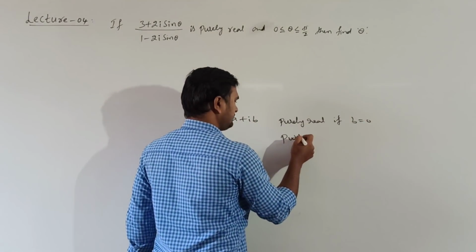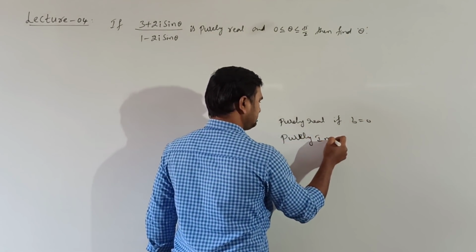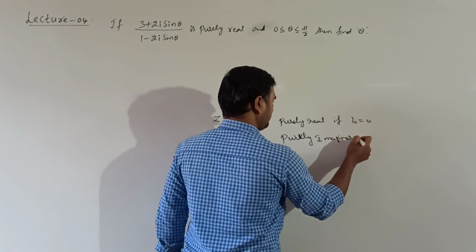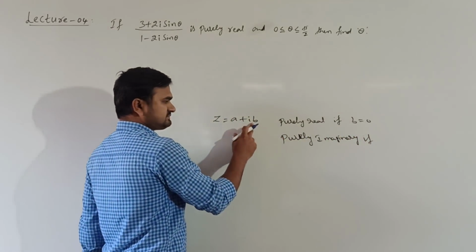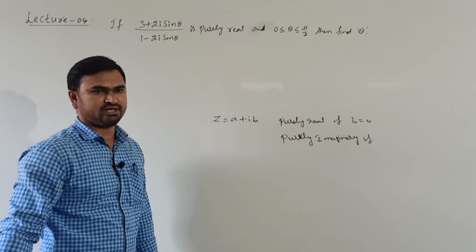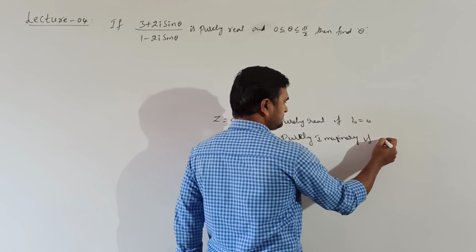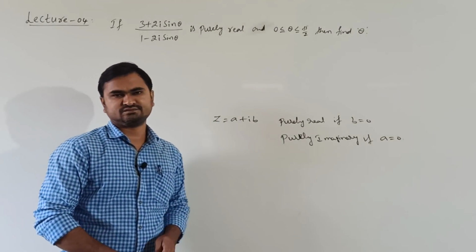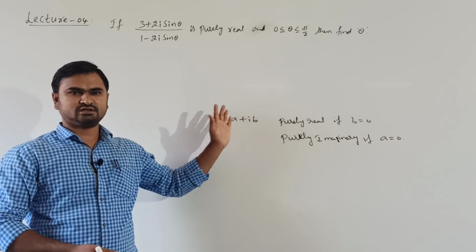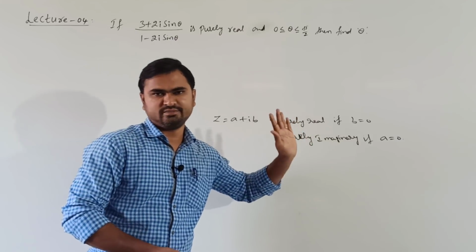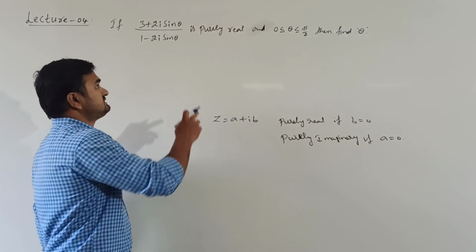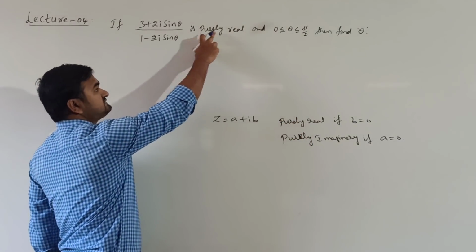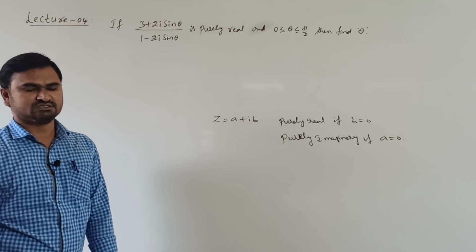And it is purely imaginary when there is no real part, so no real part means a should be 0. Okay. So these are the conditions we studied for a complex number being purely real or purely imaginary. So this is purely real, given, means its imaginary part should be 0.